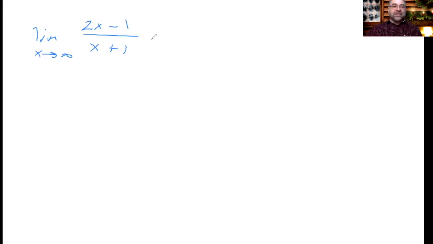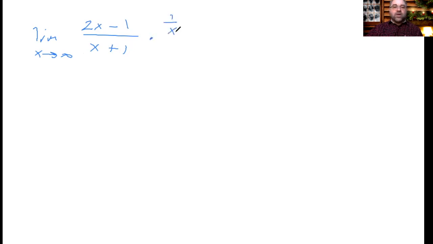So let's do that. What I'm going to do is say, all right, as x goes to infinity right now, I'm going to get 2 times infinity minus 1 over infinity. And infinity over infinity is sort of this indeterminate form. And so we might be like, well, I think I need to simplify this. And here's what we're going to do.